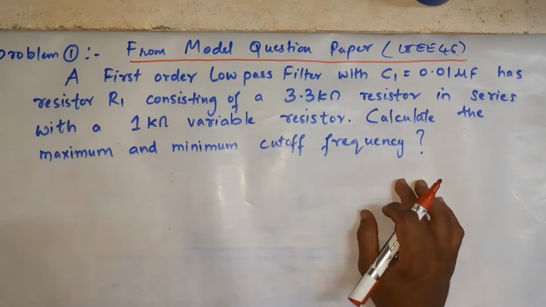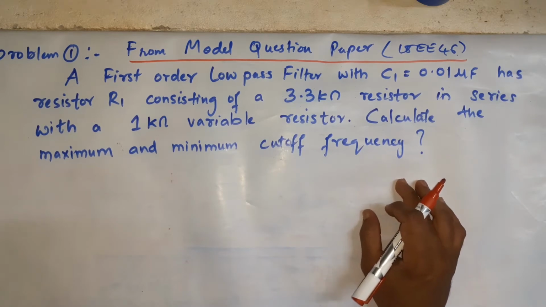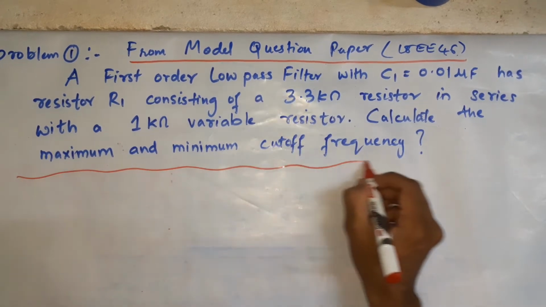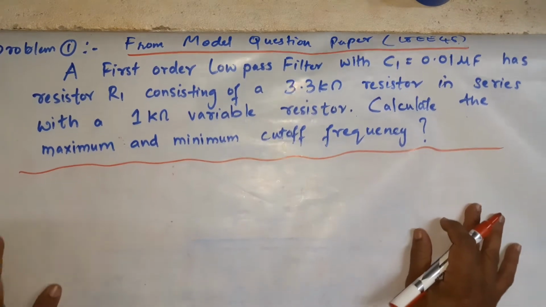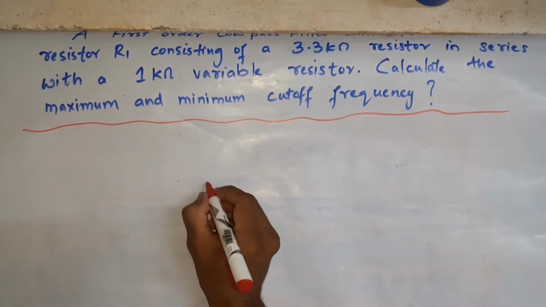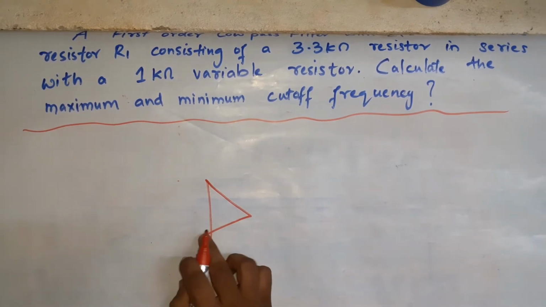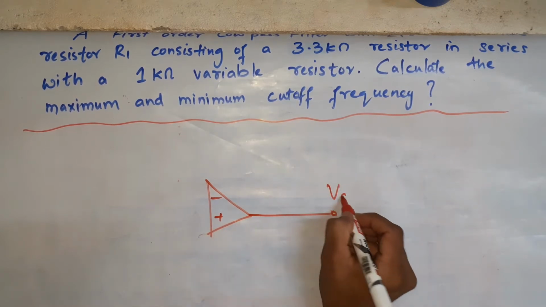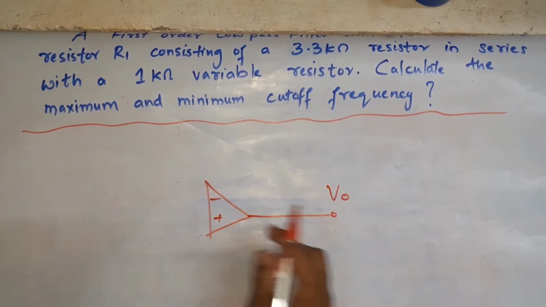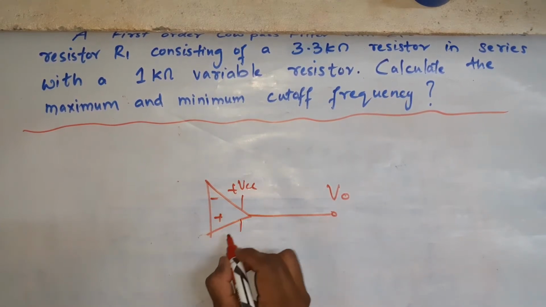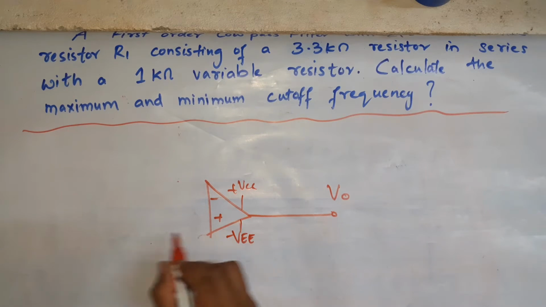Before solving this, I want you to draw the first order low pass filter here. Remember the circuit? This is your output, plus VCC minus VEE.